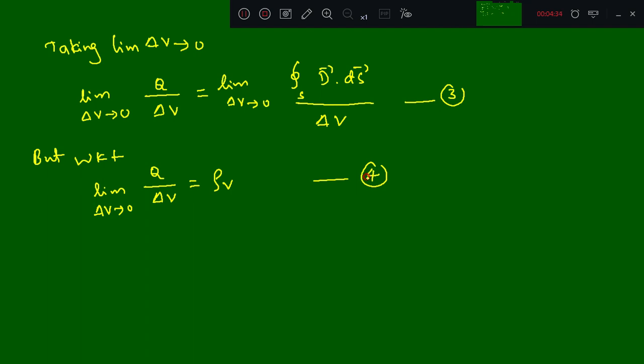Now equation number 4 gives the volume charge density at the point where the divergence is obtained.